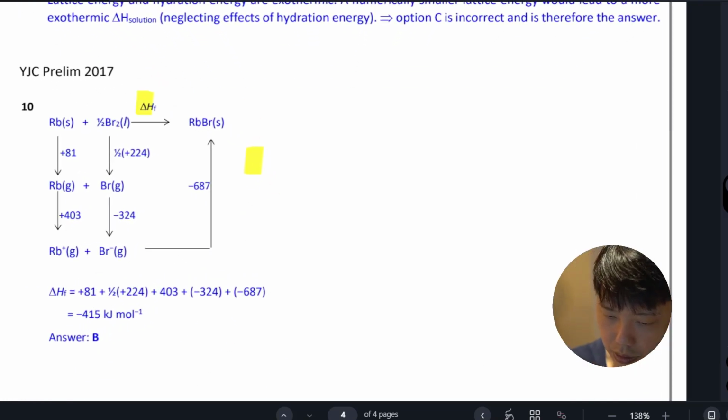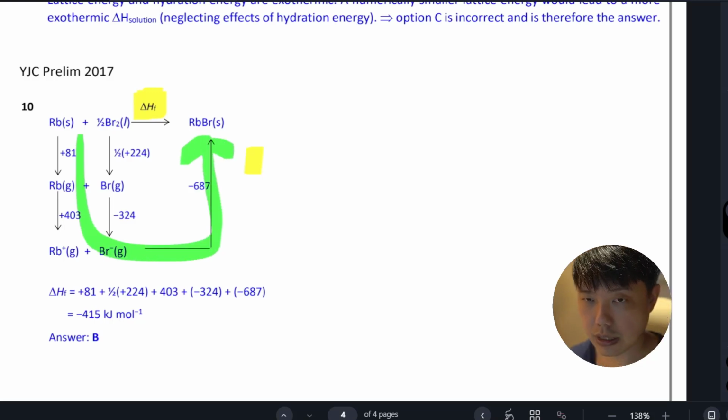Just add up all the enthalpy changes on the green arrow. That will literally be your answer, delta H formation of lithium bromide. So you should get negative 415 kilojoules per mole. B.